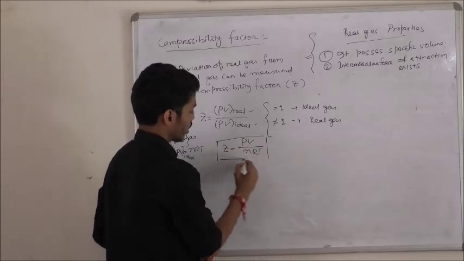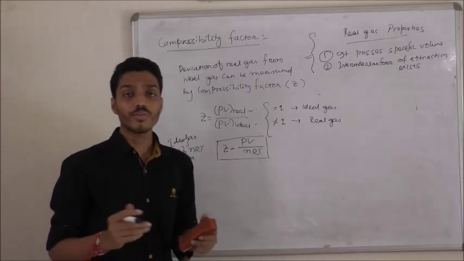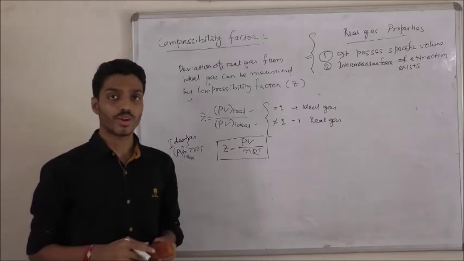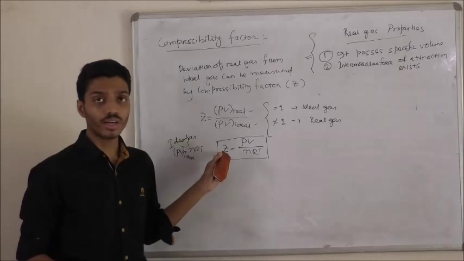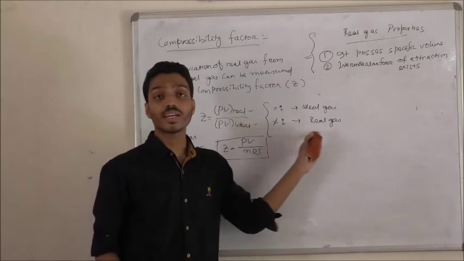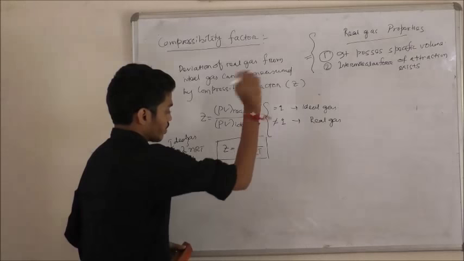This is the equation for compressibility factor, and it indicates that if in a question the pressure, volume and temperature of a gas are given, then we can find Z, and if Z is equal to 1, it will be an ideal gas, and if Z is not equal to 1, it will be a real gas.